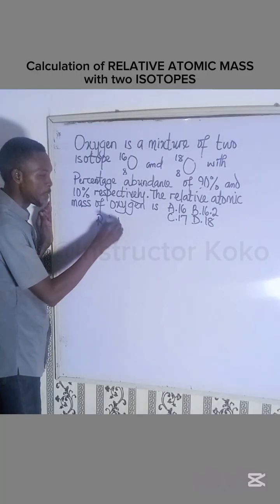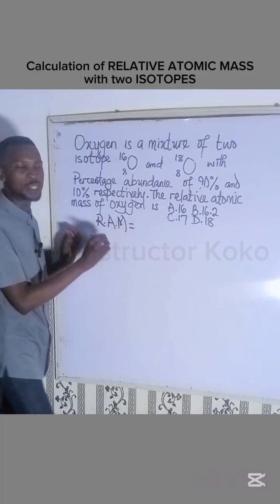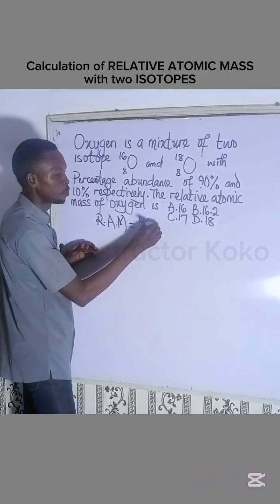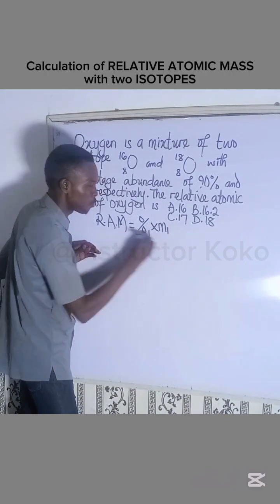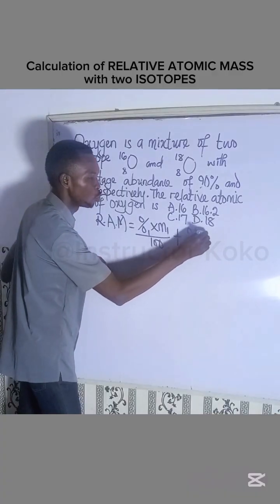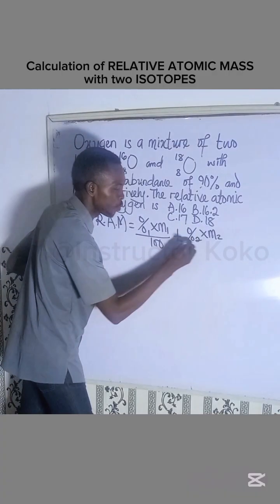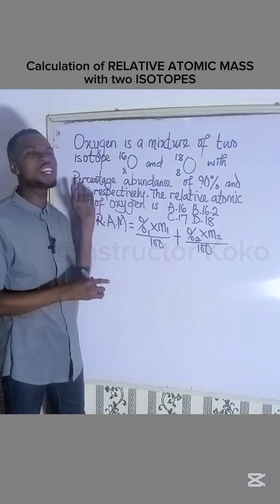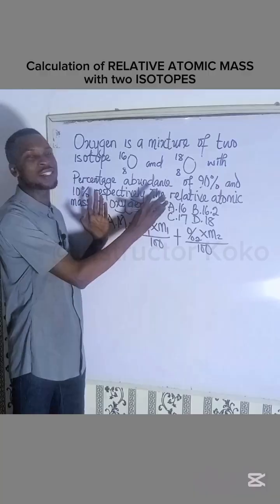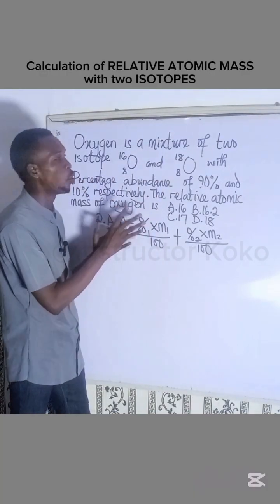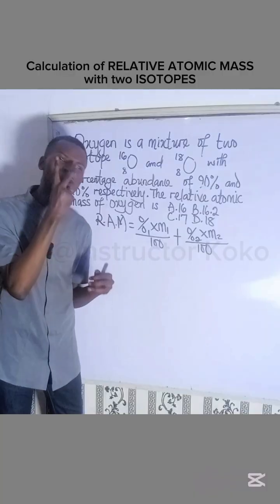Relative atomic mass, RAM, is equal to percentage 1 times M1 divided by 100, added to percentage 2 times M2 divided by 100. This formula will solve any problem under relative atomic mass that has to do with isotopes. And if you look at the board, we have just two isotopes.